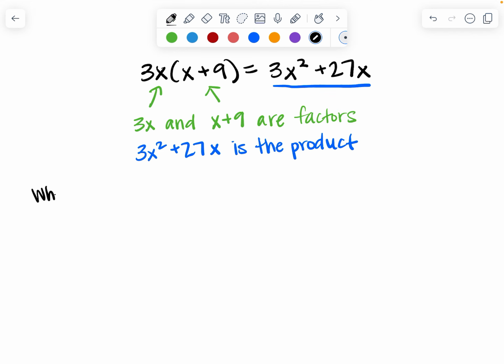So when we are factoring, think of it as reverse distributing.